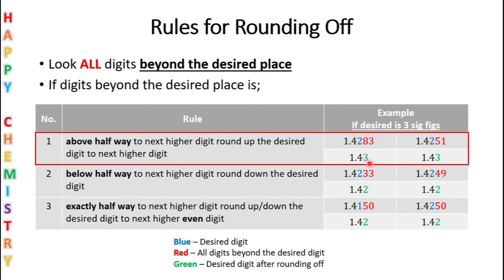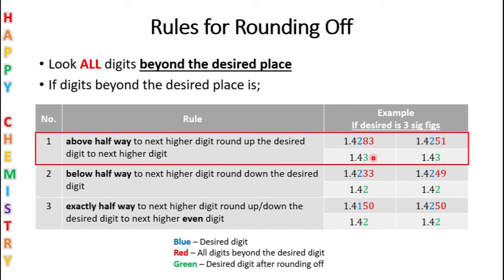The first example is 1.4283. The digits beyond the desired place are 83, which is above halfway. Therefore, 2 is rounded up to the next higher digit, and the final answer would be 1.43.